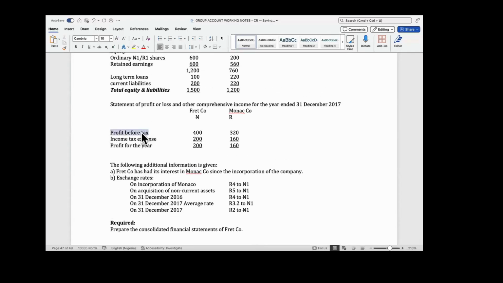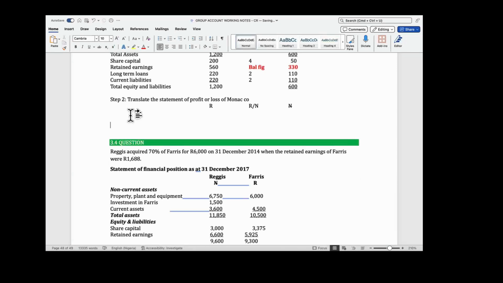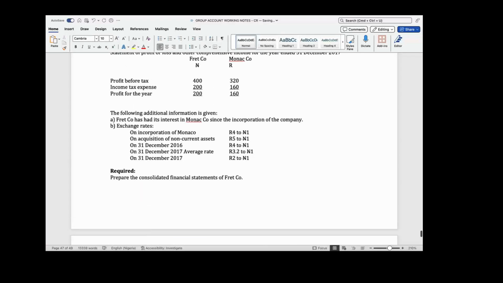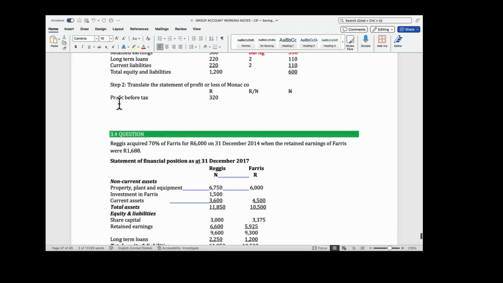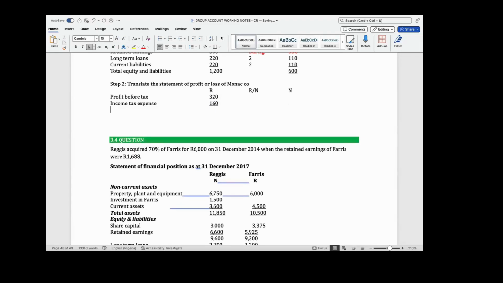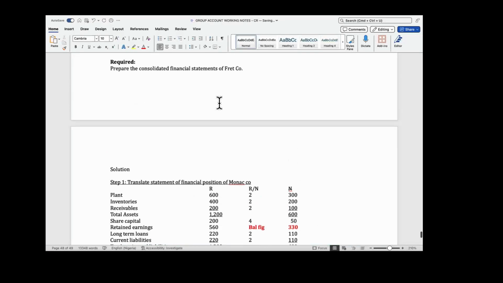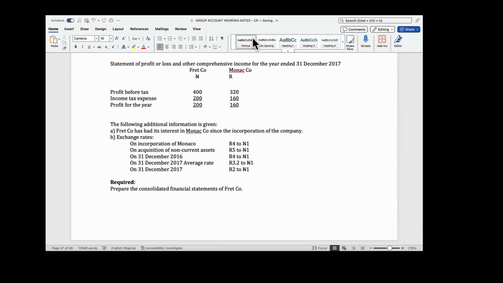We have profit before tax of 320. We have income tax expense of 160. And we have profit for the year of 160. So for P&L items, income and expense, which rate are we going to use here?